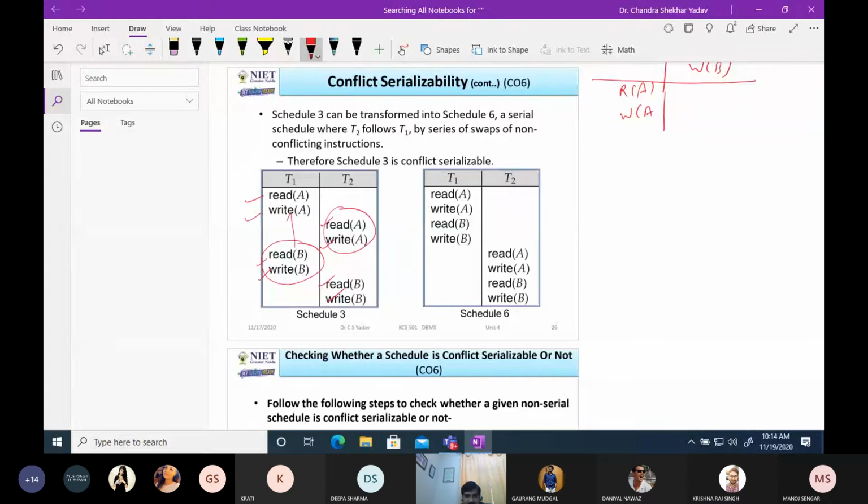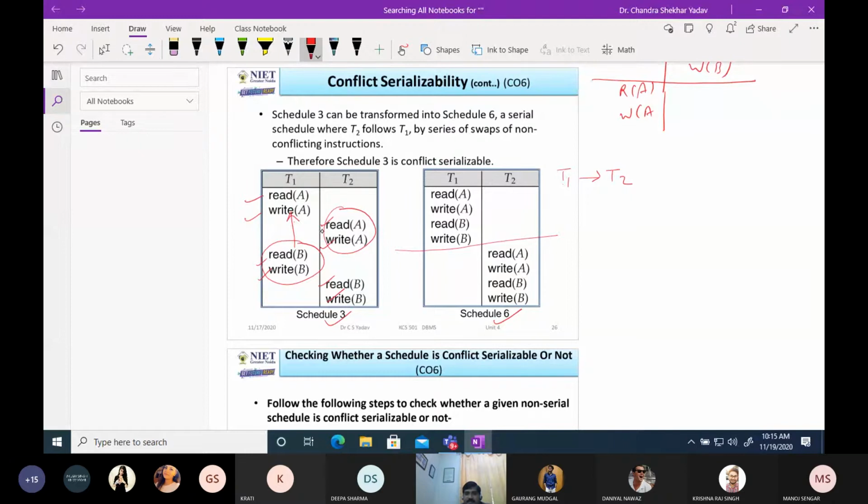In the time scale, we can keep these instructions here, or we can execute these instructions before these instructions. After swapping all the non-conflicting instructions, we get a serial schedule. So schedule 3 can be transformed into schedule 6, a serial schedule where T2 follows T1. The order is first T1 will be executed, then T2 will be executed, or T2 follows T1.